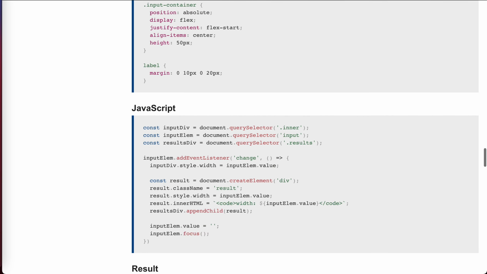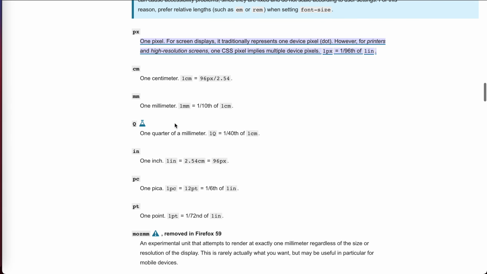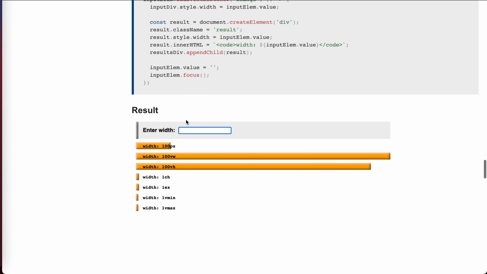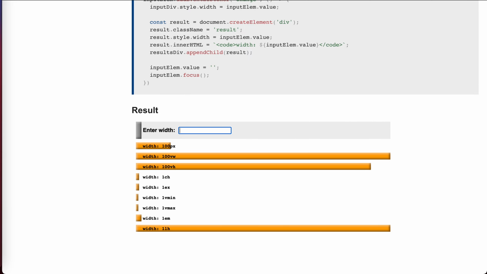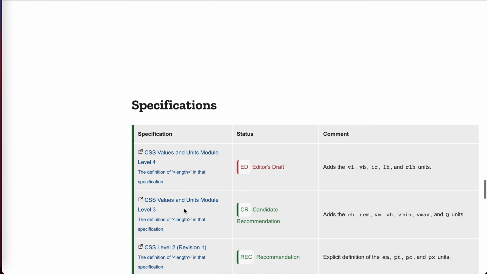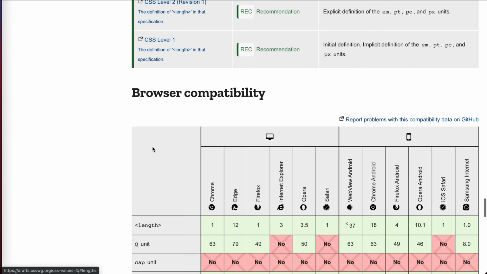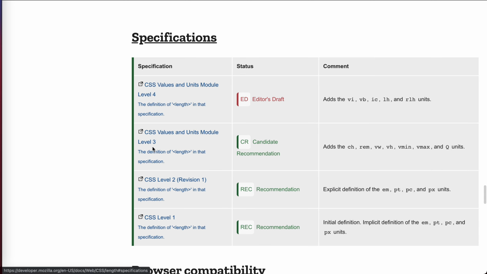The difference is so small that I cannot tell, I would say. Okay, the other one is 1 EM. Yeah, 1 line height. Oh, line height is not supported yet, right? Yeah, it's not ready yet. Okay, and 1 REM should be 16 pixel. The font size here would be the same actually.